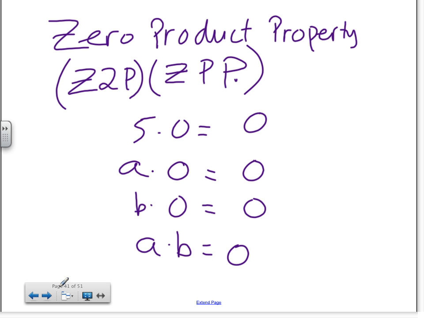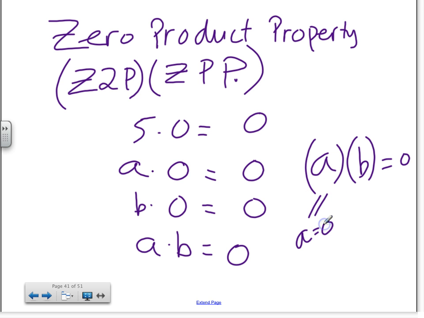So A can certainly be 0, or B could be 0. I don't care whether the other one is 0 or not. 0 times anything is still 0. What we have is the ZPP, or zero product property.